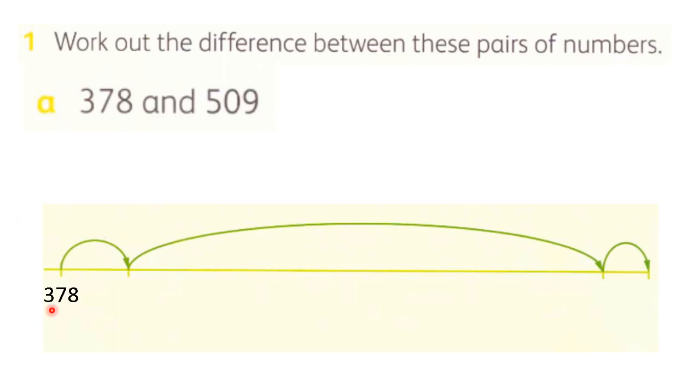We'll put the smaller number here, and then our first jump will be to 400. This is plus 22. From 400, our next jump will be to 500. This is a jump of 100.